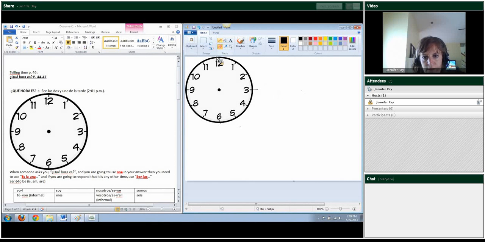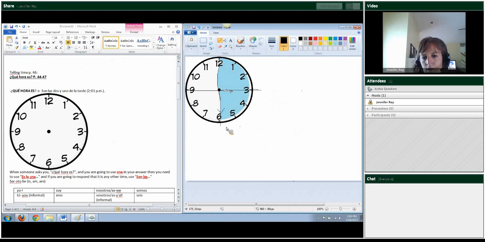So let's draw that in. 3:30. And if I divide my circle up again into fourths, hey, I did a little better that time. Let's do a different color. Let's do blue. Then this time my minute hand has actually covered half of that circle.